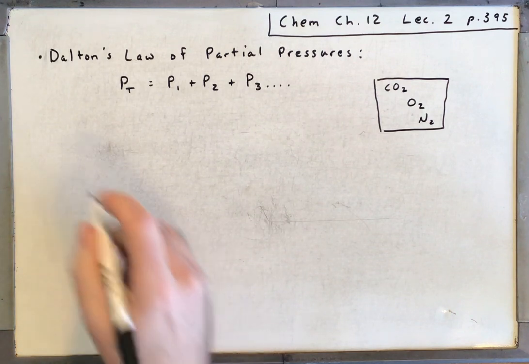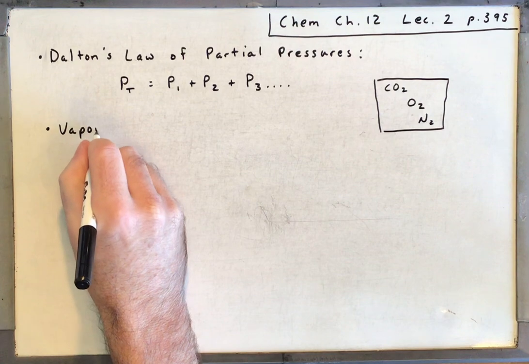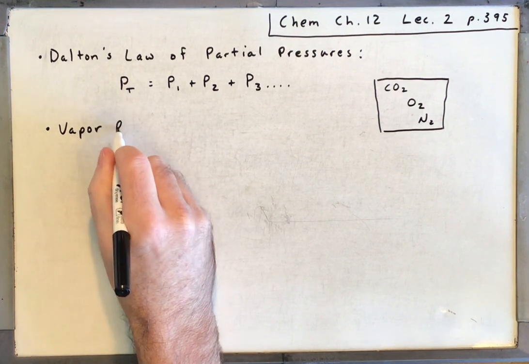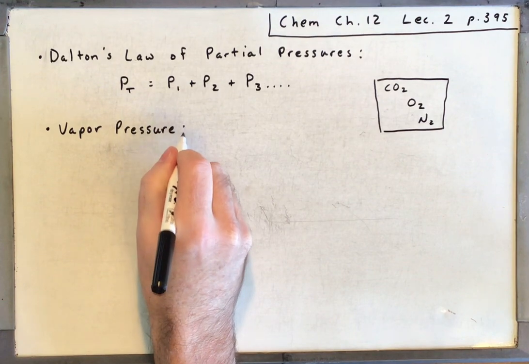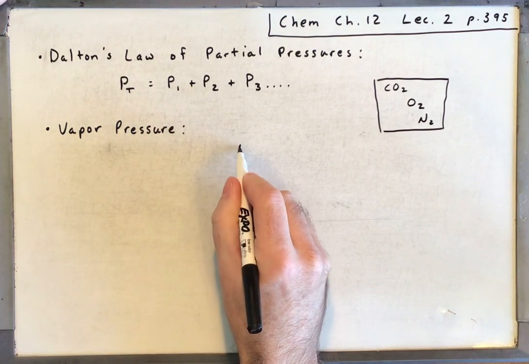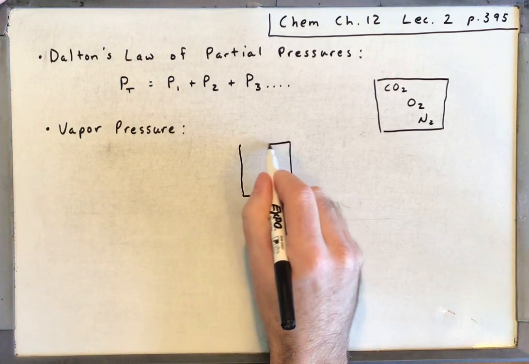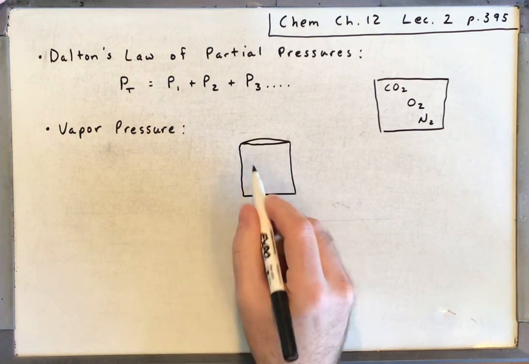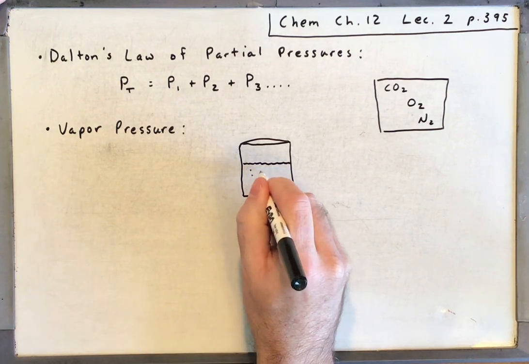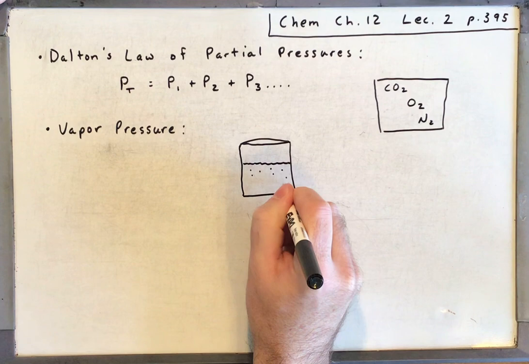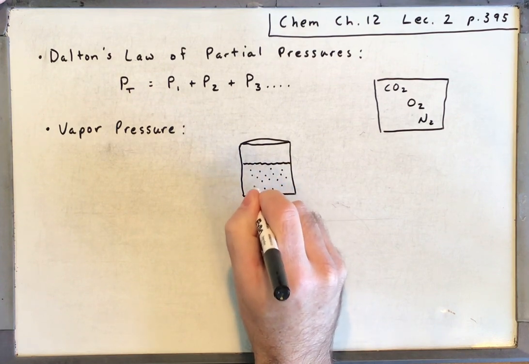Now the next concept on your notes is called vapor pressure. I've got a good video linked in the description box, so please watch that about vapor pressure. But let's say we've got a beaker, and we've got some water in that beaker. And of course, you've got water molecules all throughout that liquid.